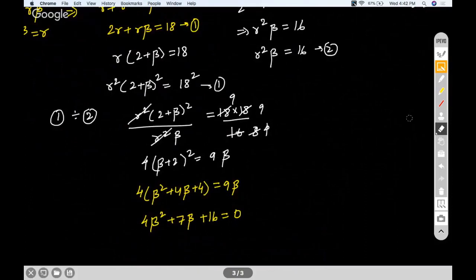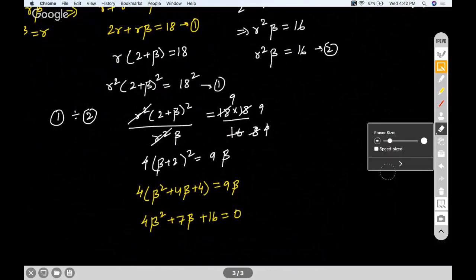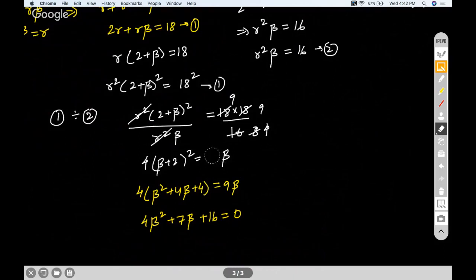That's a small mistake here. That's going to be 9 square over here. This is going to be 81. Sorry. So this will change slightly.